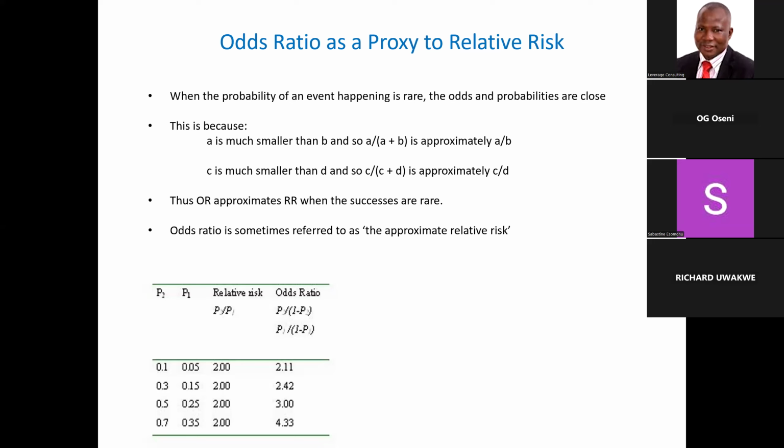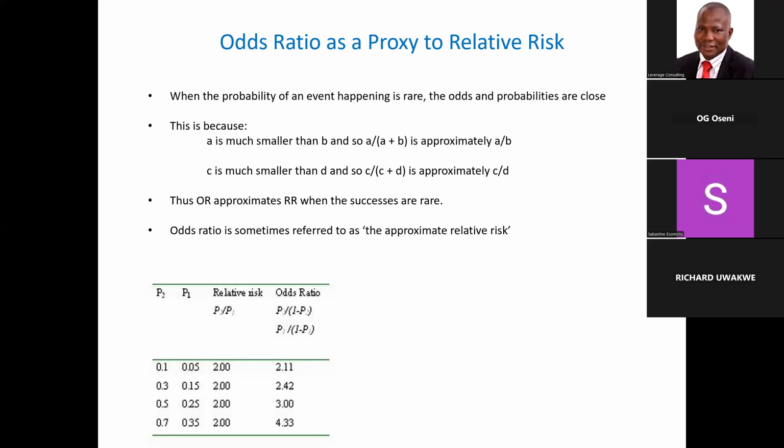the odds ratio increases. And you will begin to see that the value of the odds ratio when the prevalence is lowest here is 2.11, whereas the relative risk is 2. It's very close. When the burden increases further, even though the relative risk is 2, the odds ratio becomes 2.42.